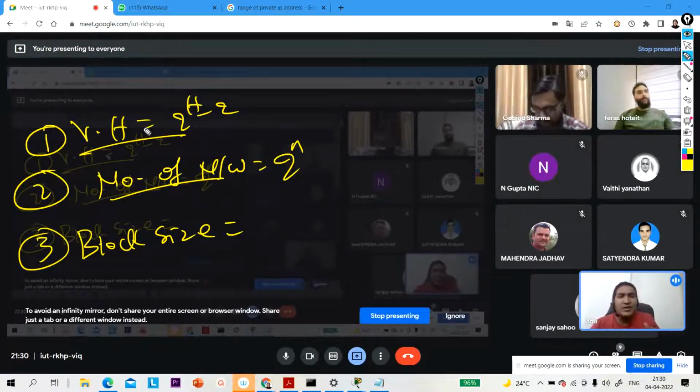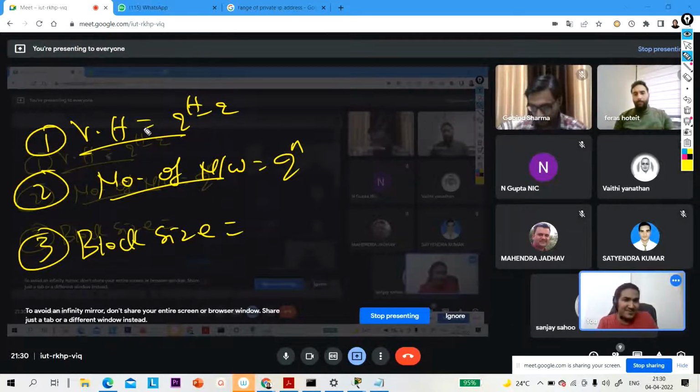So first of all, what is block size? Actually, block size will tell you from where your next network will start. If you divide one big network into multiple small networks, right, then block size is a tool which will tell you from where your next network will start.